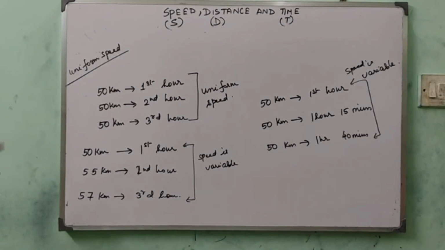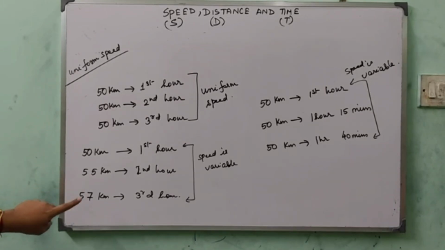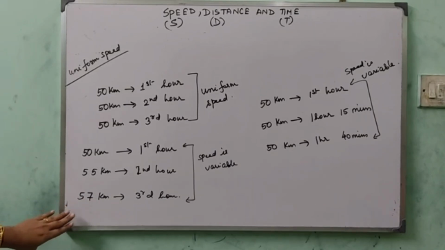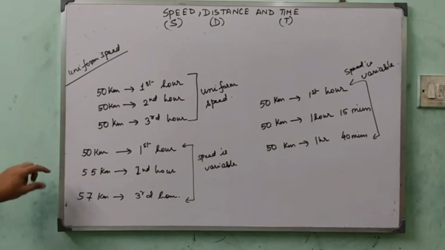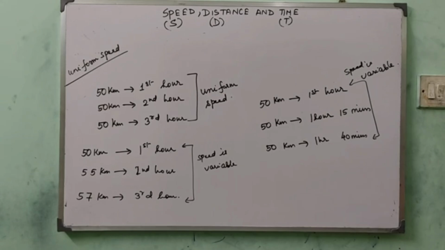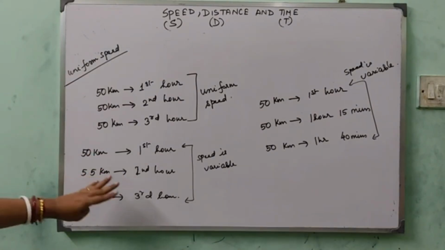Why variable? Because the body covers 50 kilometers in the first hour, then 55 kilometers in the second hour, and in the third hour 57 kilometers. The time intervals are the same, but the distances travelled are different each time, and in the third case here the speed is variable.